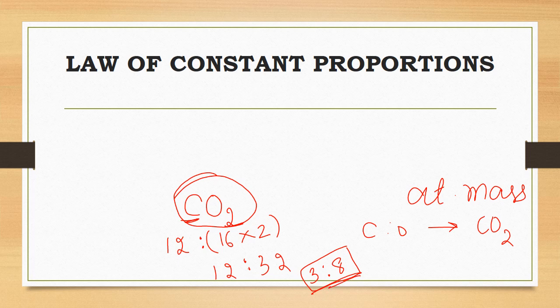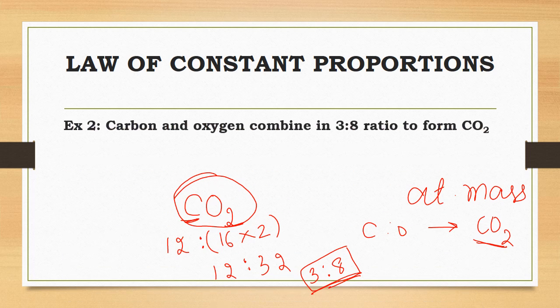So if this ratio changes, we don't get carbon dioxide. Obviously, if the elements are different, we don't get carbon dioxide. So for the formation of carbon dioxide, we want carbon and oxygen to combine in 3:8 ratio.